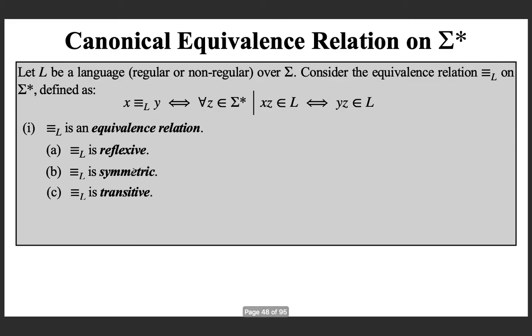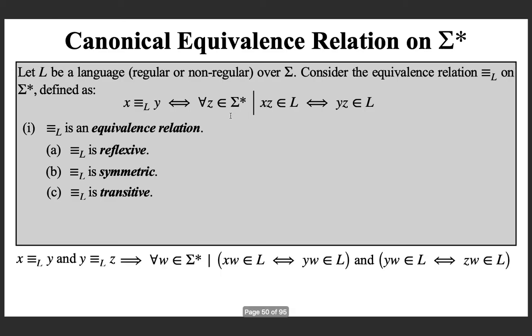Third property is transitive. Why is it so? Assume that x is related to y and y is related to z. So here we have three different strings x, y and z. In order to test them, we need to consider another string, which I am going to call w. Then for all w in sigma star, because x and y are related, xw is in the language if and only if yw is in the language. And we are also given that y and z are related.